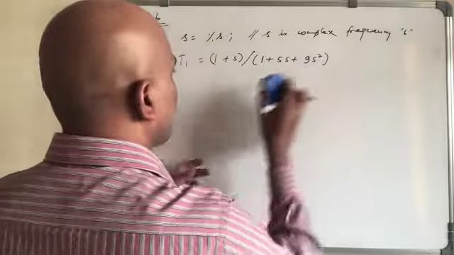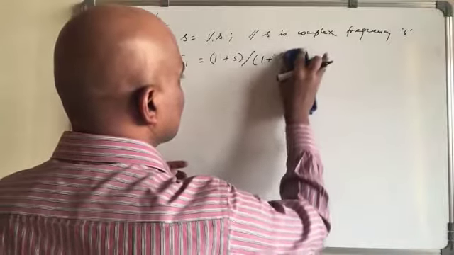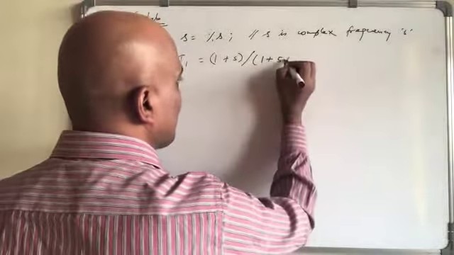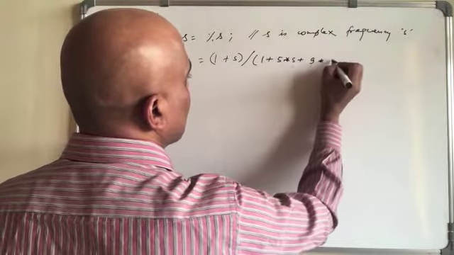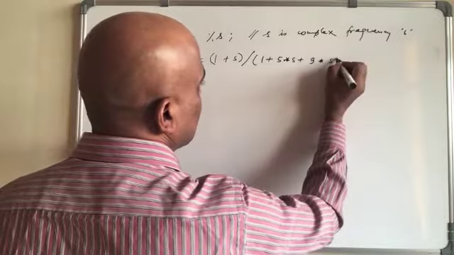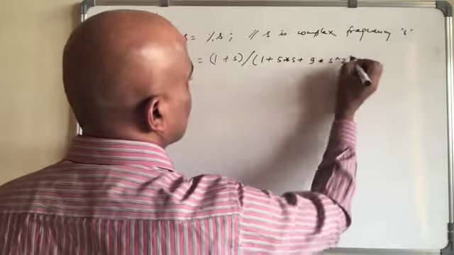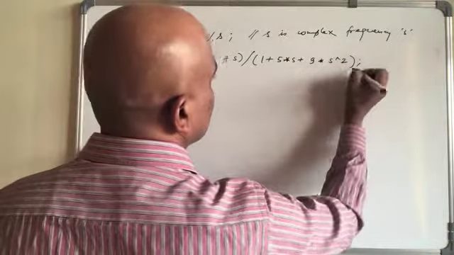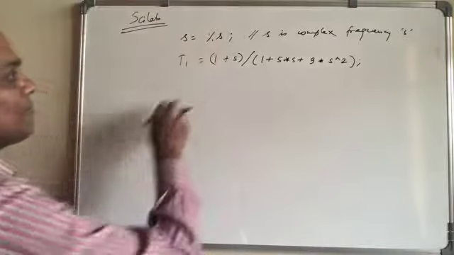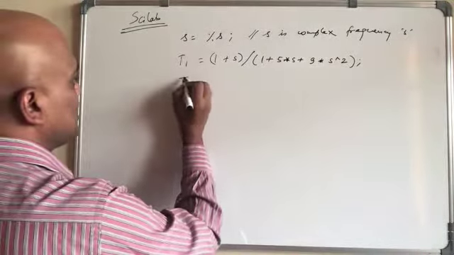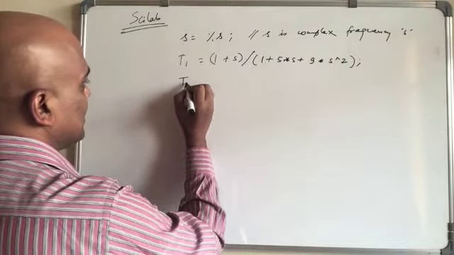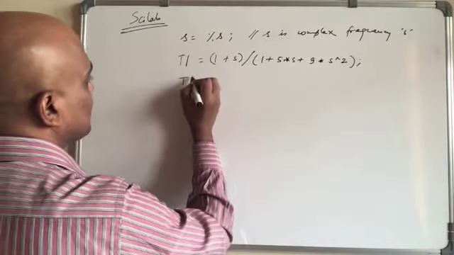It should not be written like this one because it's programming, so multiplied by s plus 9 multiplied by s, and then s to the power 2 like this. And if you say this is t1 equal to like this, t1.